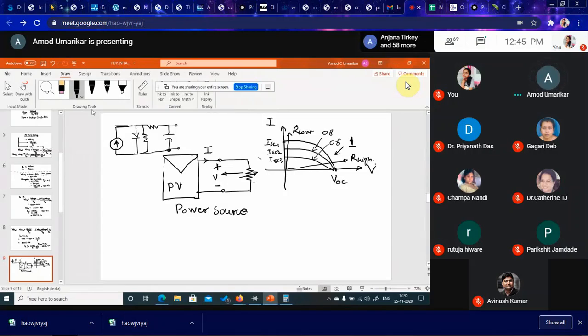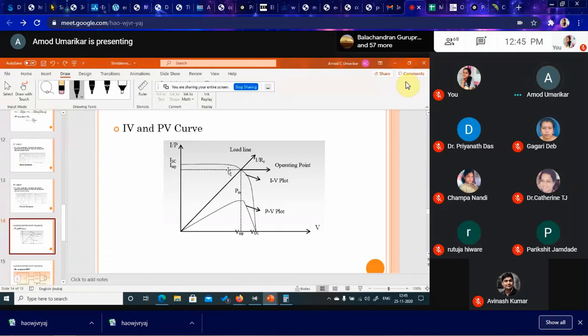Now, when we vary this resistance from low to very high, what will happen? Let us go back to the curve. When we vary this resistance, one point comes at which the product of V and I is maximum.